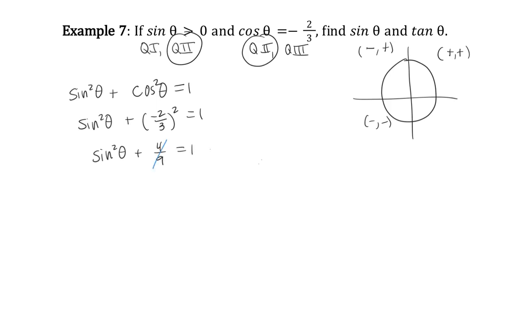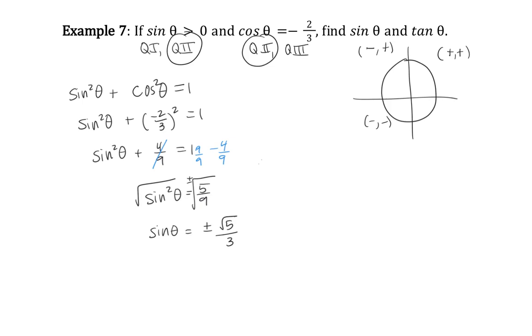We'll subtract 4/9 from both sides, convert 1 to 9/9, and we get that sine squared theta is equal to 5/9. Taking the square root of both sides, we get that sine theta is equal to either positive or negative square root of 5 over square root of 9, which is 3.